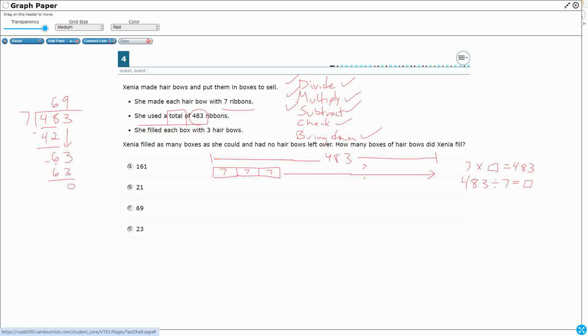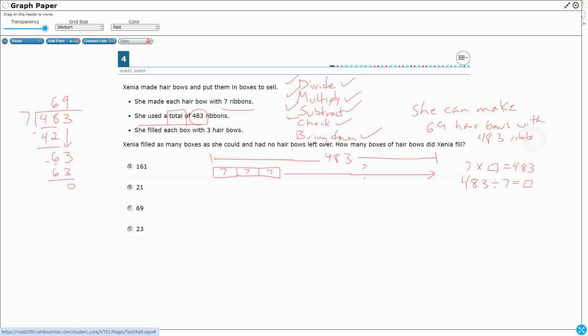Subtract, there's nothing there. So that's smaller, and there's nothing left, so 69. Okay, so she can make, let's go ahead and put that down, 69 hair bows with her 483 ribbons.